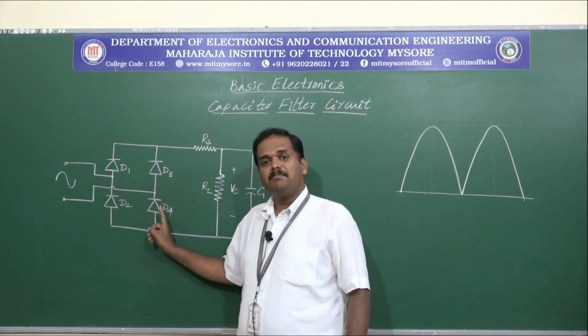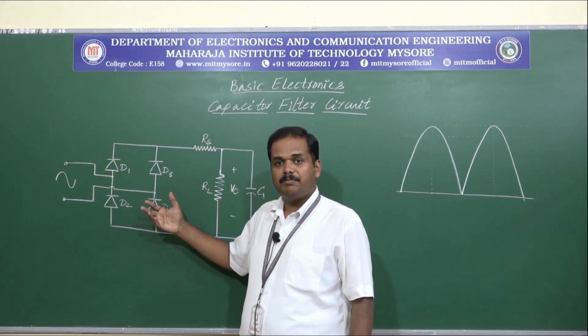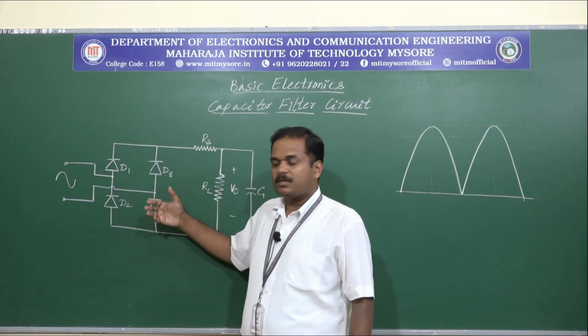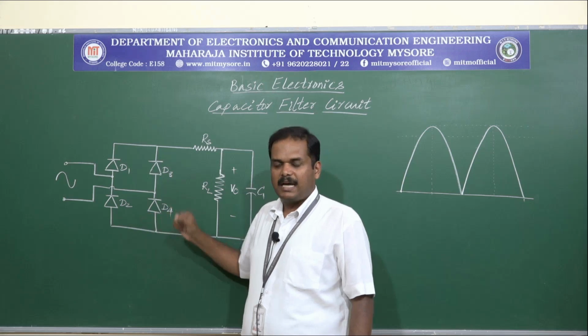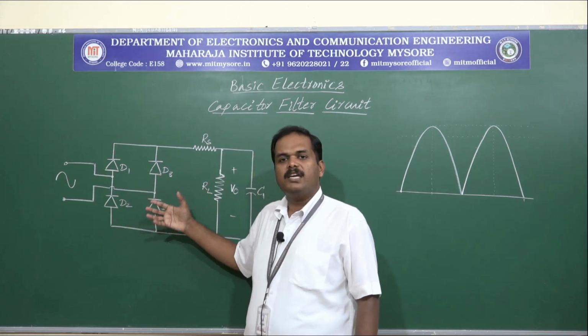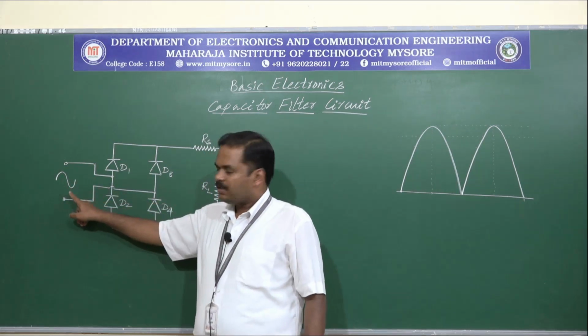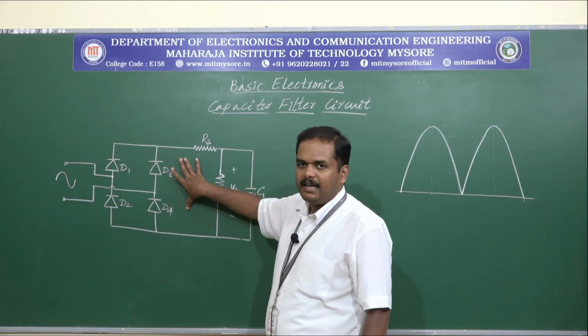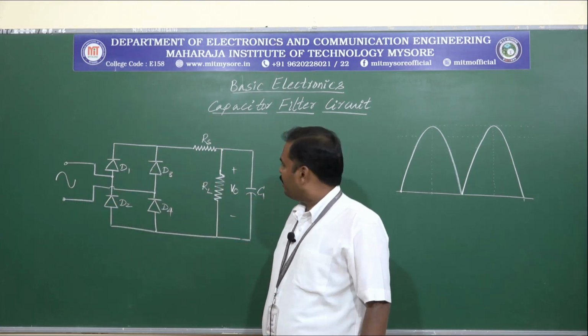This forms the bridge circuit. In the previous session we had seen a circuit where the bridge arrangement was looking different from this. This is also considered a bridge arrangement. So D1, D2, D3, D4 form the bridge circuit, and we supply an AC signal to this, and here we will be getting the pulsating DC output after this particular point.